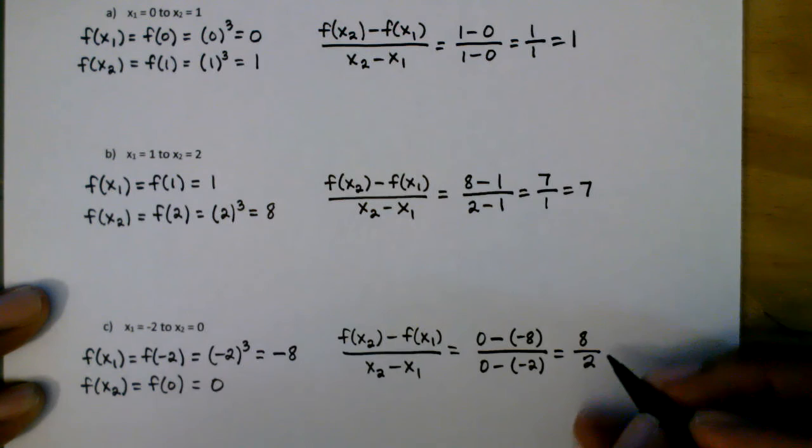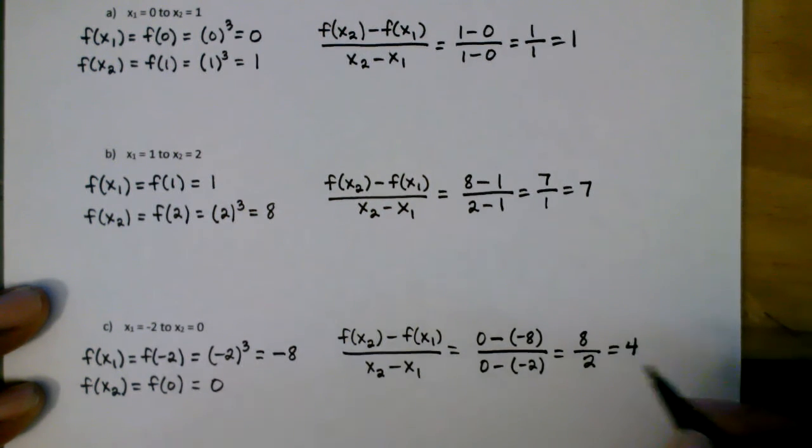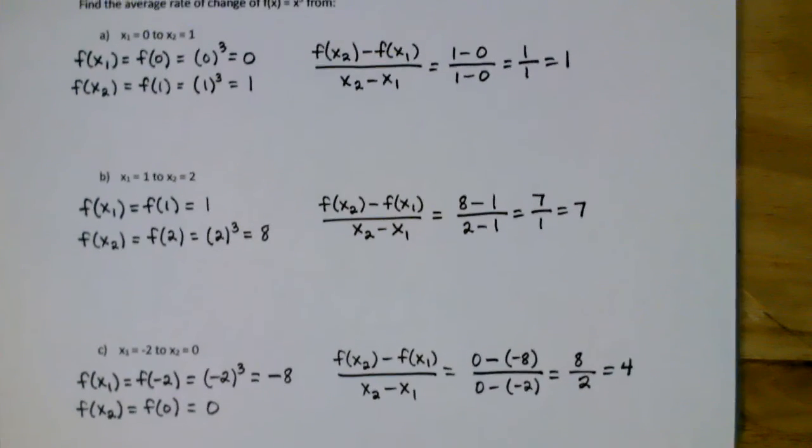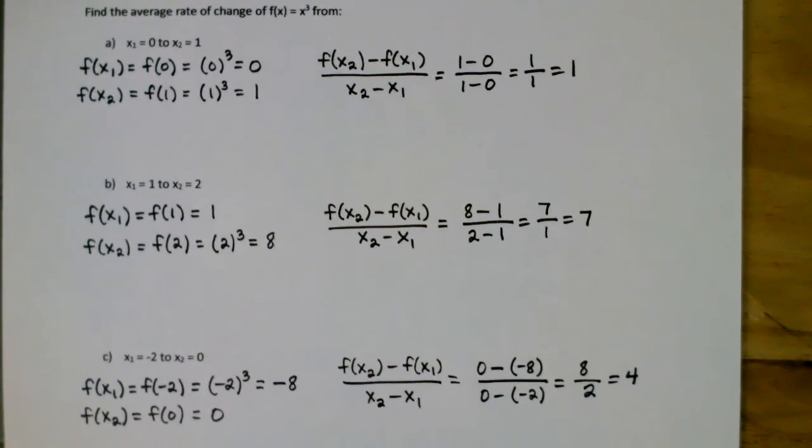So 8 divided by 2 would be 4. So from negative 2 to 0, the average rate of change for the function f of x equal to x cubed would be 4.